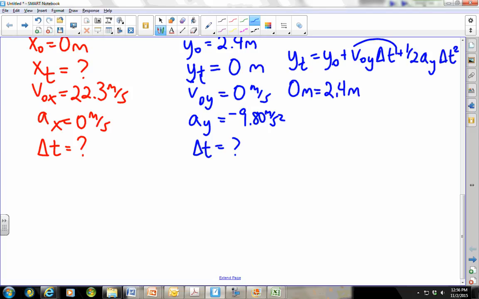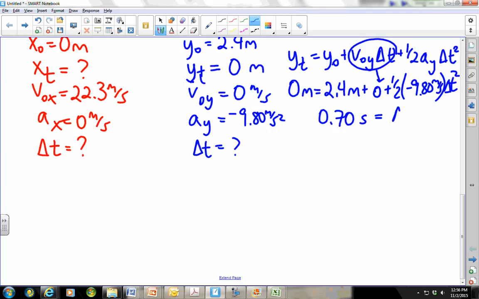Again, this part is 0. Okay, looks very similar, but this time we're solving for time. If you do all that algebra, you end up with 0.7 seconds, which is reasonable. Should be less than a second to fall from such a low height. Okay, so that's the first step.